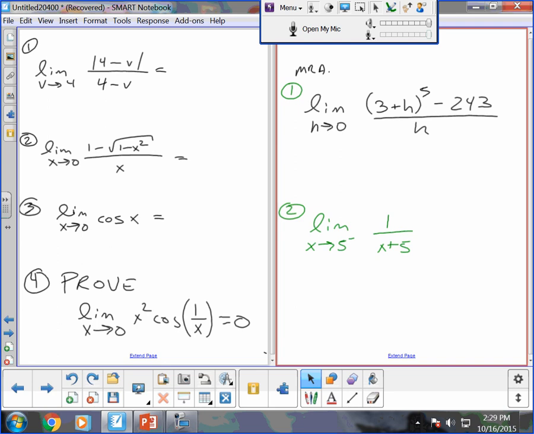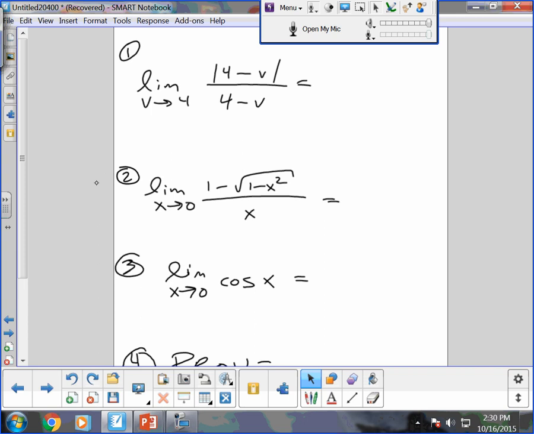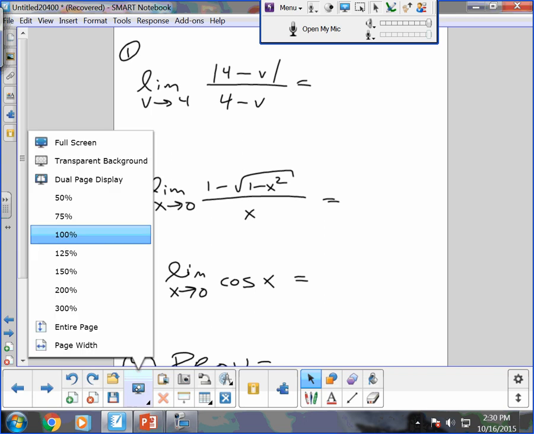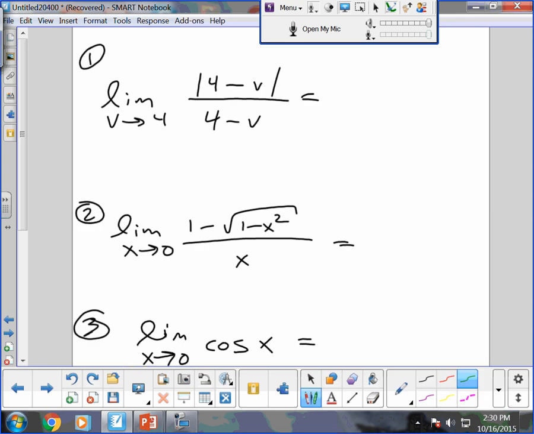Often, when we look at things, we got to think of the left hand and the right hand. So I'm going to go to a single page here. I'm going to get in so we can see this. Now, on the first one, it's really hard to picture what this curve looks like.